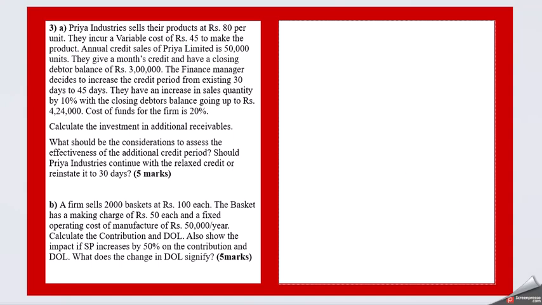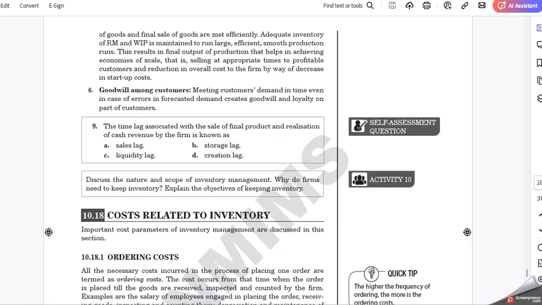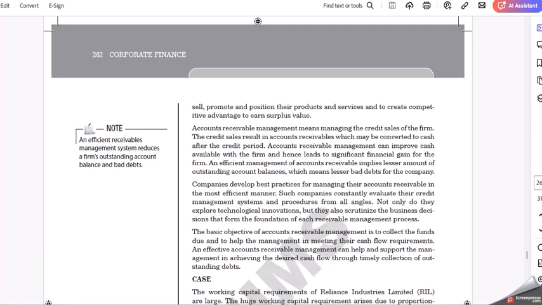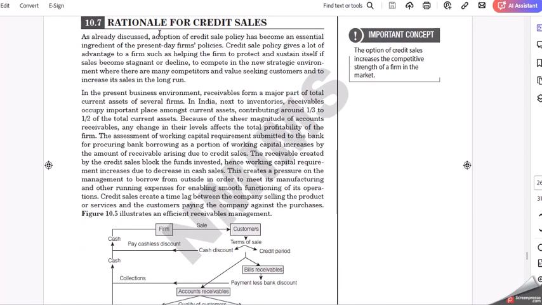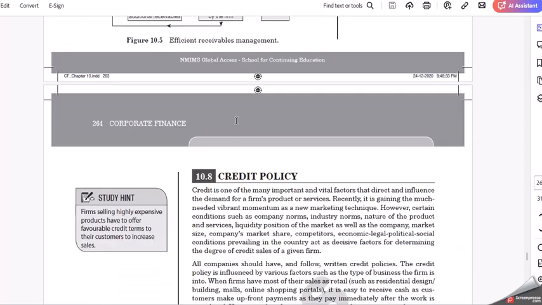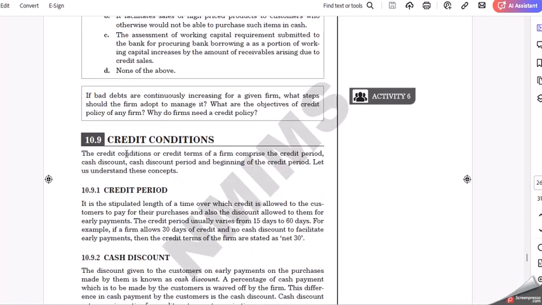So let's tackle question A first. For question A, we can go straight away to chapter 10, credit stance for a firm. Relations for credit sales, then credit policy, credit conditions.